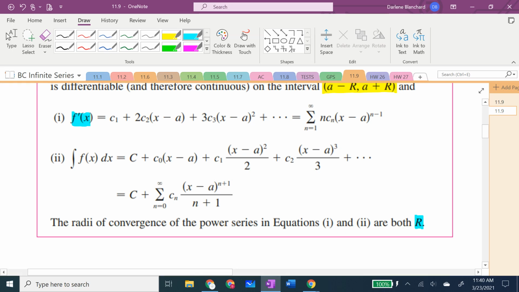The radius of convergence will not change. However, the endpoints might change. So what does that say? That says if you know the interval of convergence, you take the derivative or you take the integral, it will keep that same open interval, but the endpoints have to be checked. And that's all. It's just those endpoints have to be checked.